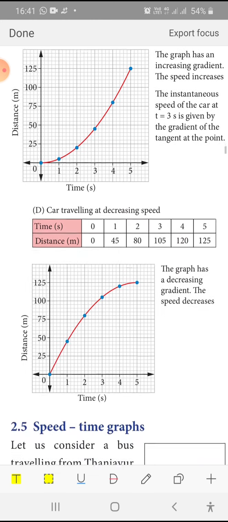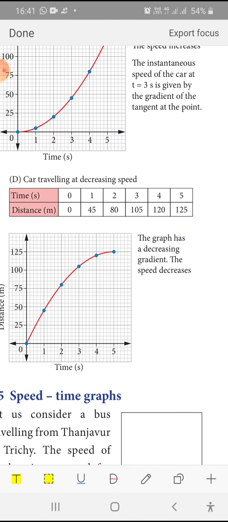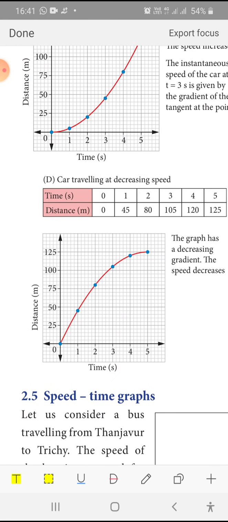Then the next graph: 0 seconds 0, 1 second 45 meters, 2 seconds 80 meters, 3 seconds 105 meters, 4 seconds 120 meters and 5 seconds 125 meters. So the speed first increased to 45, then 80 minus 45 gives 35, a decrease.